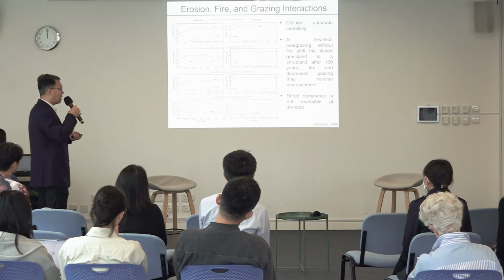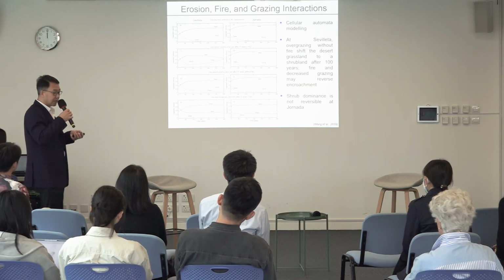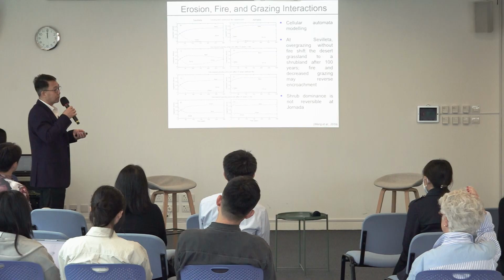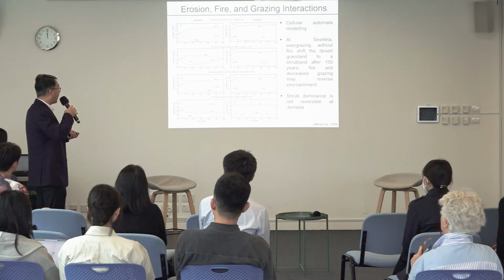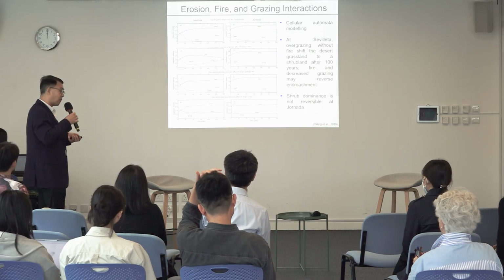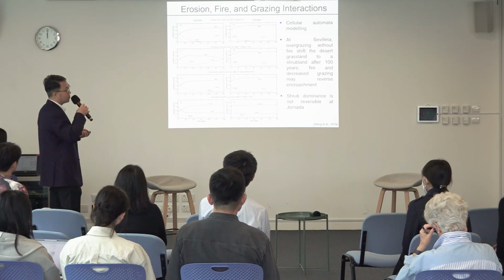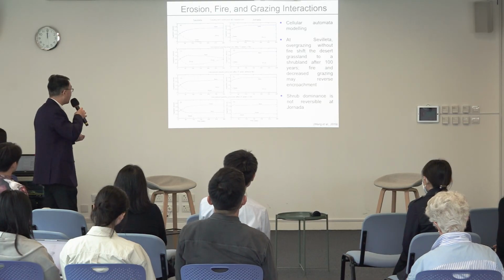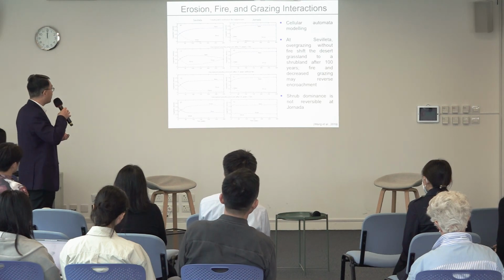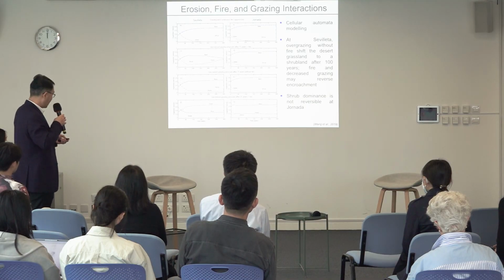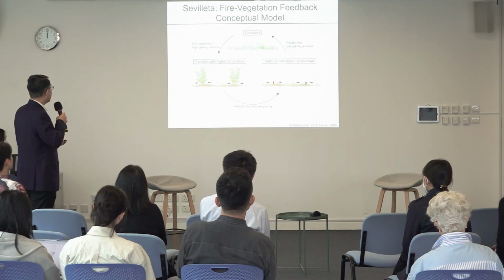We want to achieve the sustainable management of those ecosystems, and more ideally, we want to reverse that kind of woody plant encroachment scenario back into its original grassland ecosystem. So if we could do that, that would be really ideal. And shrub dominance is not going to be reversible at Jornada. That's really what we came out with from our modeling study.